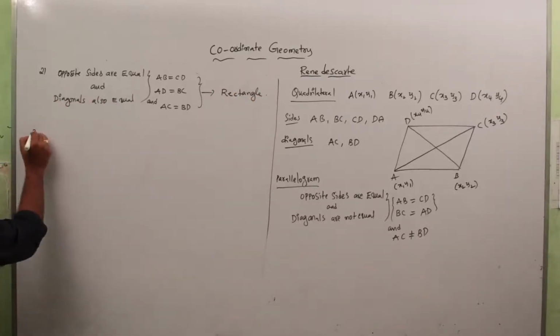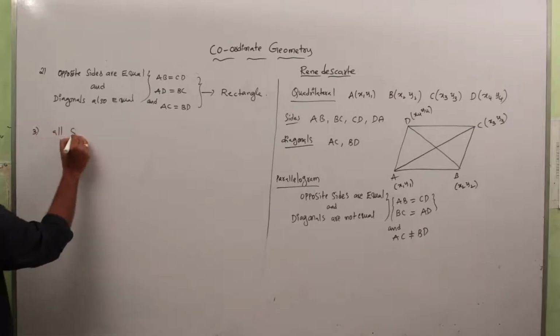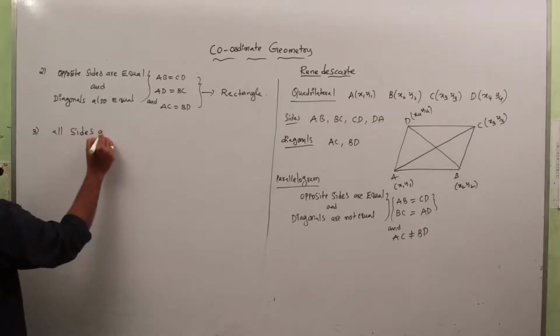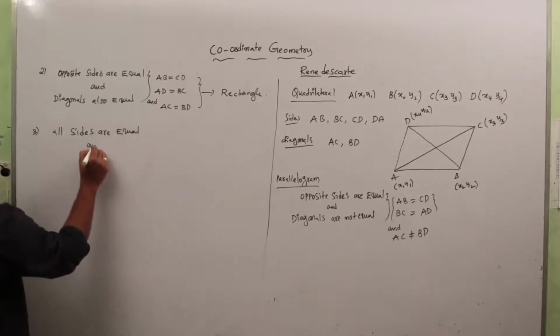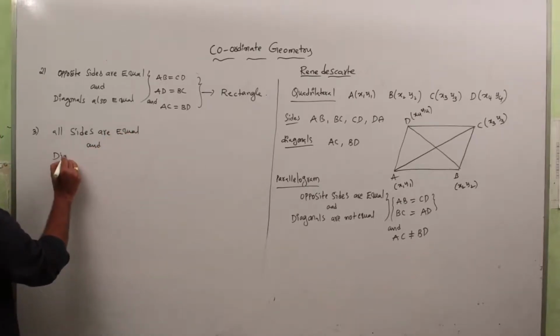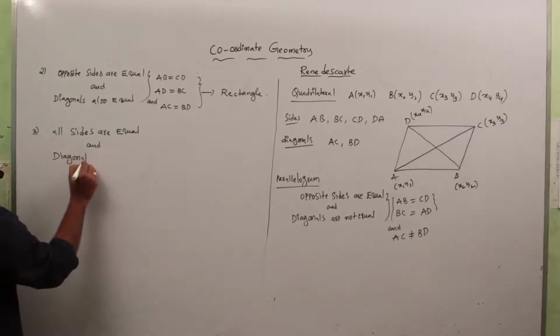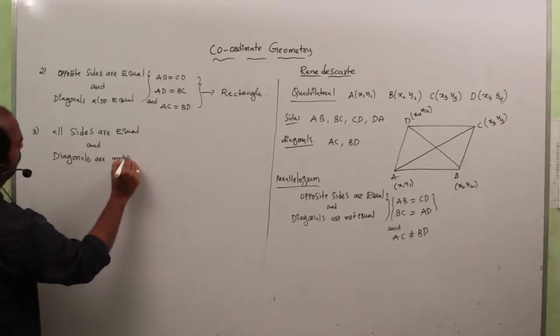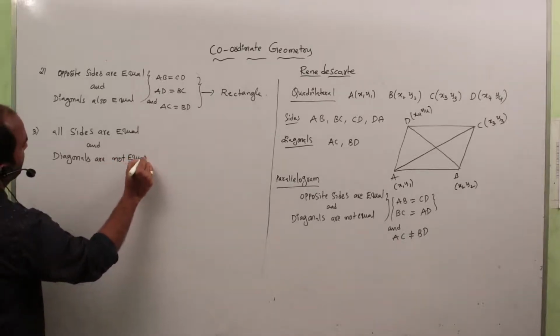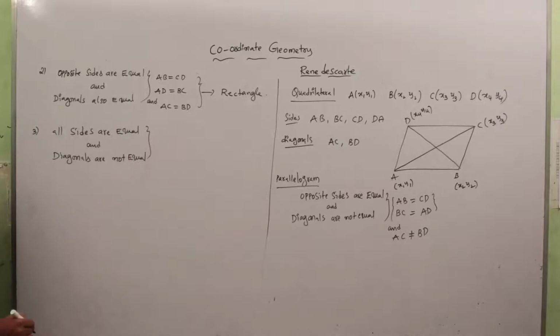Third one, all sides are equal and diagonals are not equal.